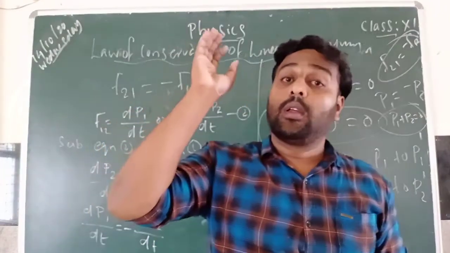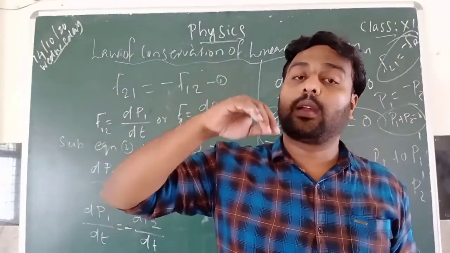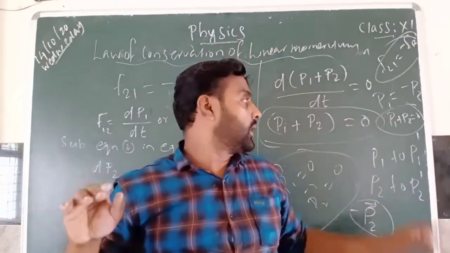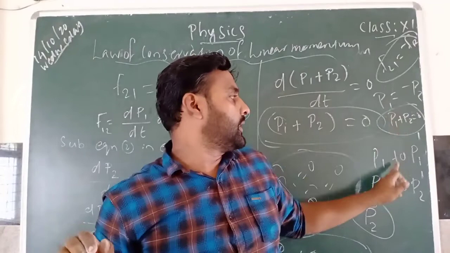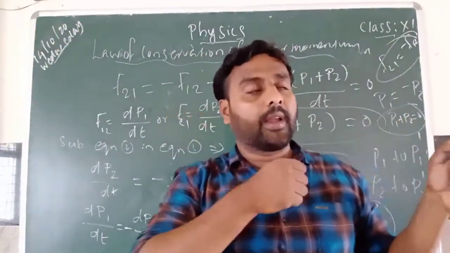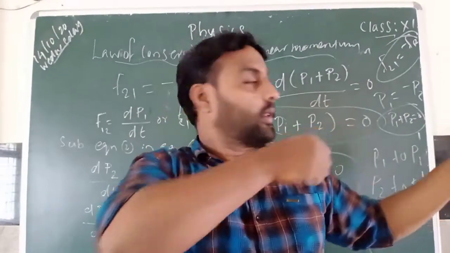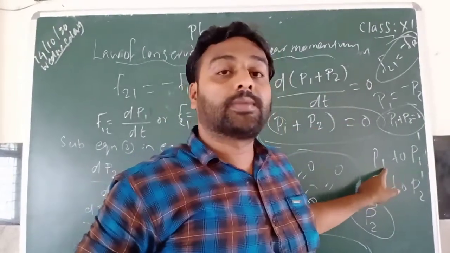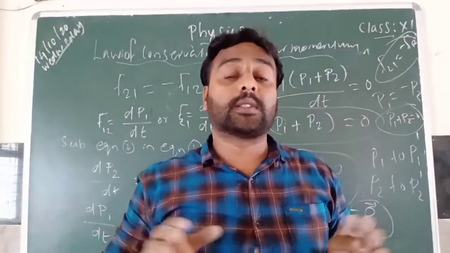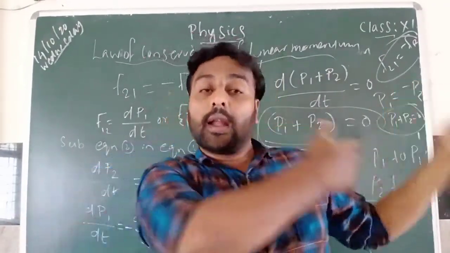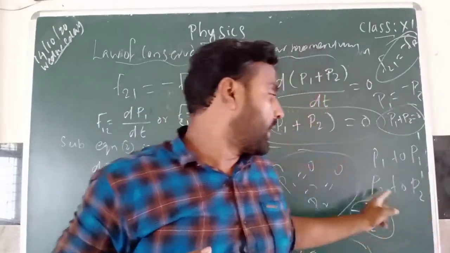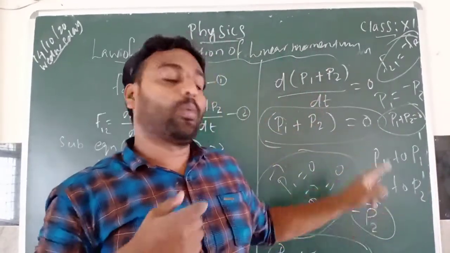Now once the gun is fired, what will happen? Now the linear momentum of particle 1 changes. When the gun is fired, it moves forward. That means the momentum changes from P1 to P1 dash. So to maintain this law of conservation of linear momentum, the gun moves backward, due to the bullet, particle 2, but in the opposite direction.